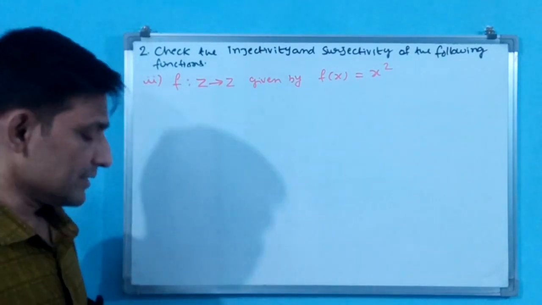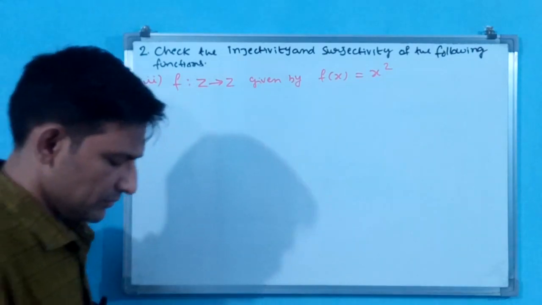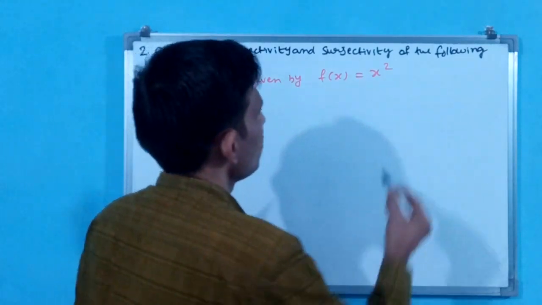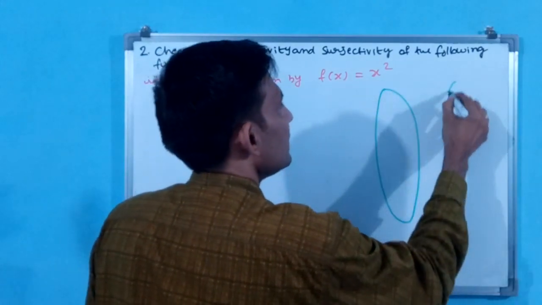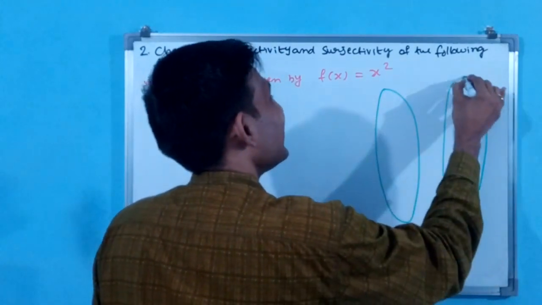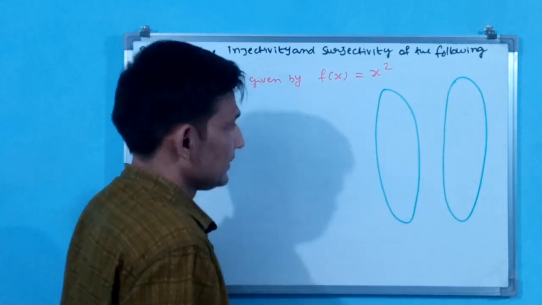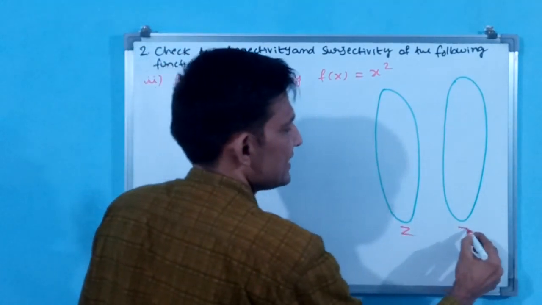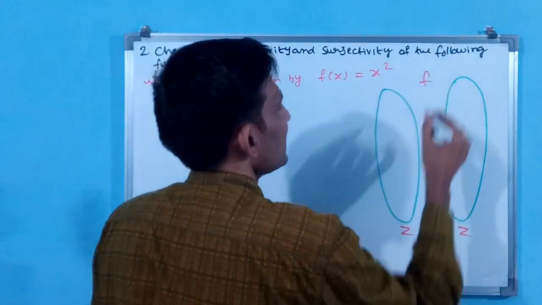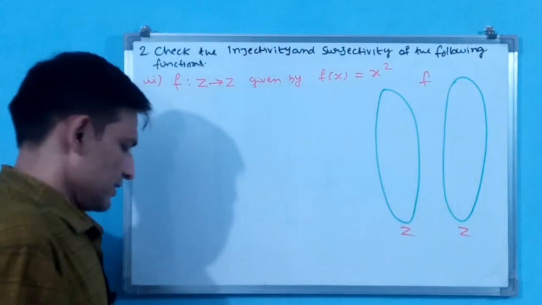Okay, let us draw the arrow diagram for this also. See how I am drawing the arrow diagram. Both are Z, and the function.